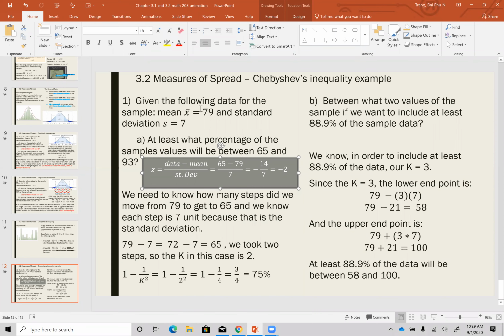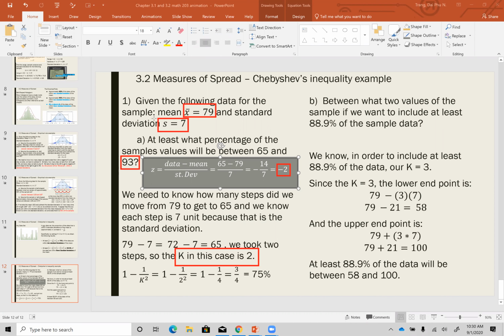You take your data minus the mean, divided by the standard deviation, and whatever that number is, that is your K. The other one is just the same as your empirical rule, which is your mean subtract 3 times the standard deviation, or your mean add 3 times the standard deviation.